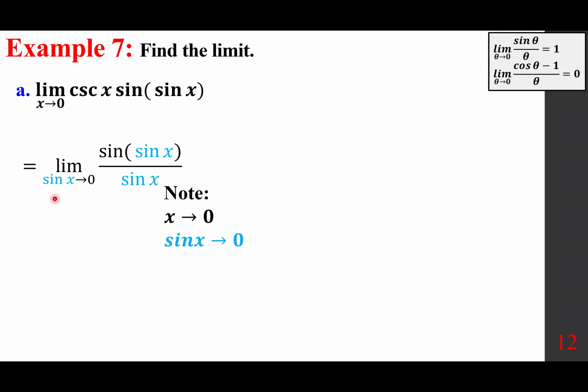Why is that? When x approaches 0, so does sine x. And if these 3 are identical, we can change it with theta, and therefore the answer becomes 1. It's important to see that they must be identical, okay?